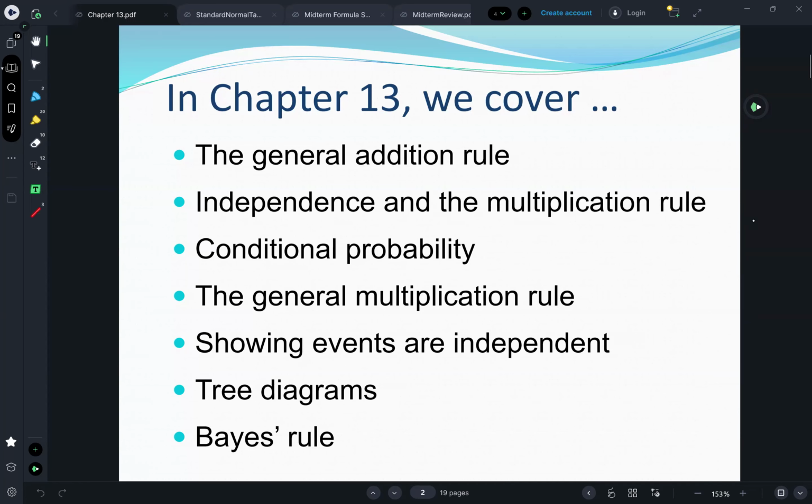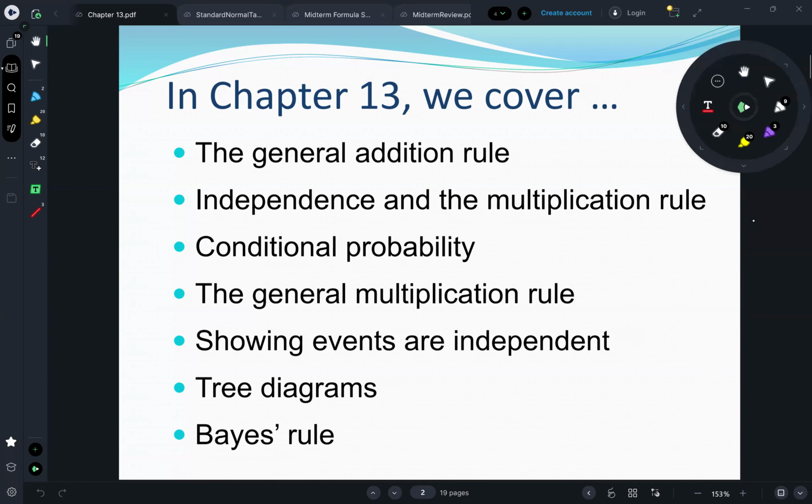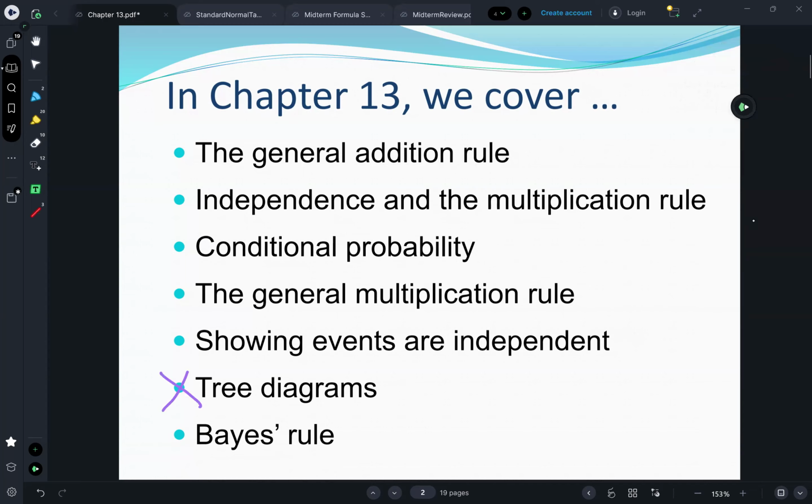Now the tree diagrams we will not be doing here, but some students in the past have told me they really like the trees and they've learned it before, and that's how they like to set it up for finding probabilities. However way you figure out your probabilities, if you like the tree diagrams, you can use them.